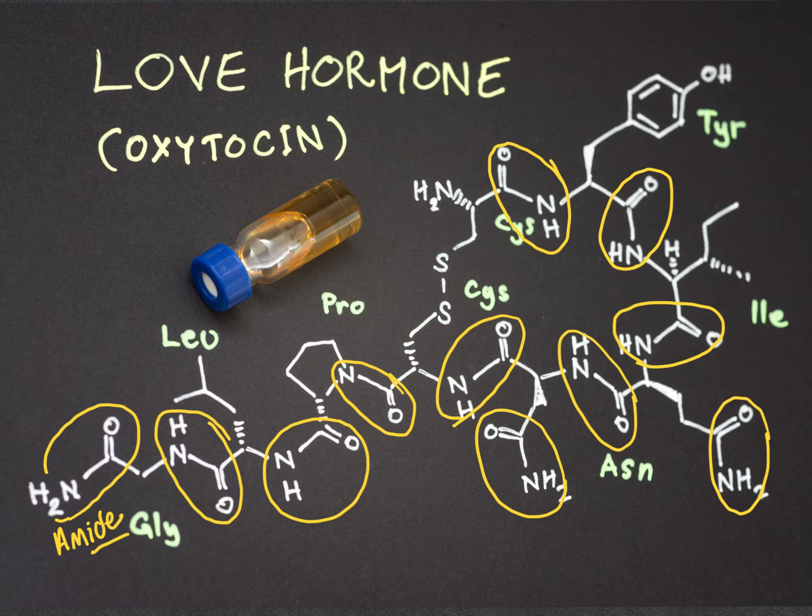So oxytocin is very much a small protein is how we could think of it because of the fact that it is built from so-called amino acid building blocks in these amide groups as the main organization of the molecule, the main bond that links the individual building blocks together to form this molecule, much like proteins have as well, except that proteins are a much larger structure of these amide bonds linked together. Now, everything I've highlighted in yellow is an amide group.